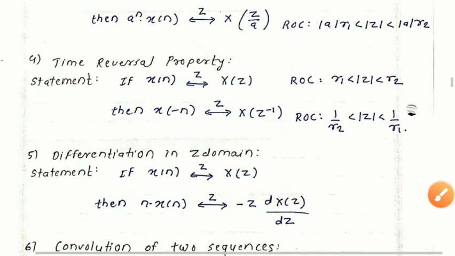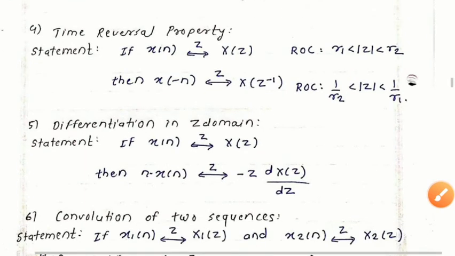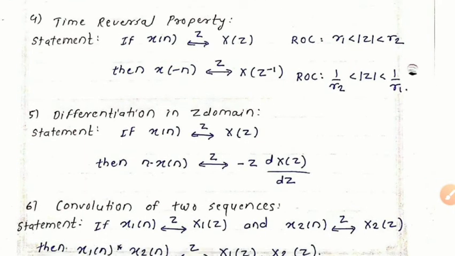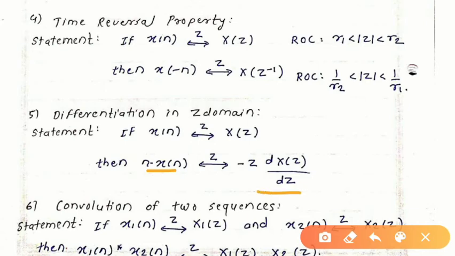The next is the differentiation in the Z domain. So the statement indicates that if x of n has a Z transform of x of z, then n into x of n has a Z transform of minus z d by dz of x of z.